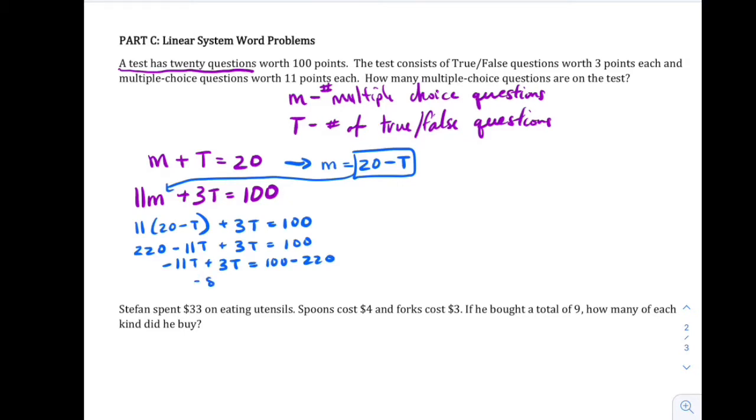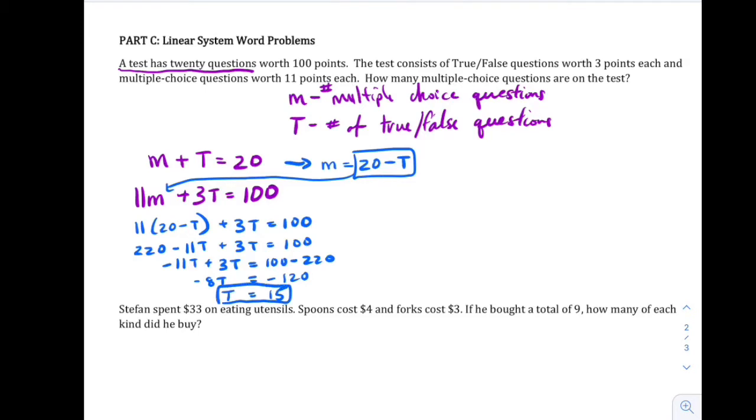I have negative 8t is equal to negative 120. And then I divide both sides by negative 8. So negative 120 divided by negative 8 is 15. So now I know there are 15 true or false questions on this test.